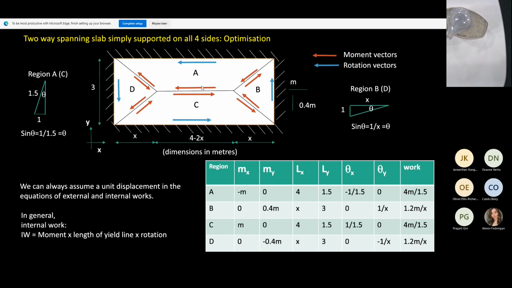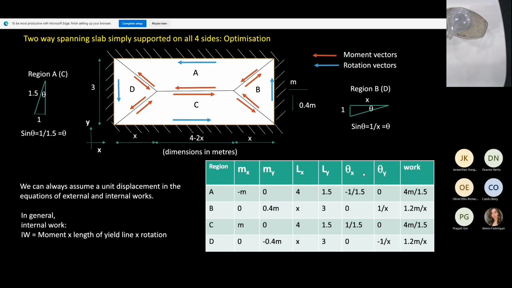Look, that's the yield line. Project it onto the y-axis, it gives you this length, which is 1.5. You agree? Okay, you're projecting the lines. So when you project onto the y-axis, it's 1.5 meters.